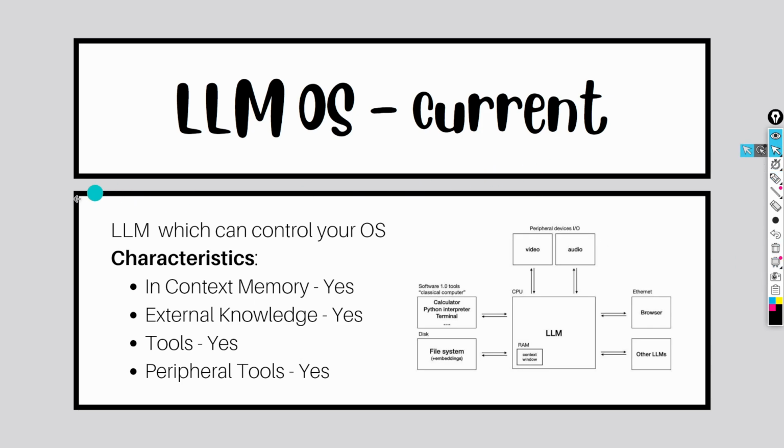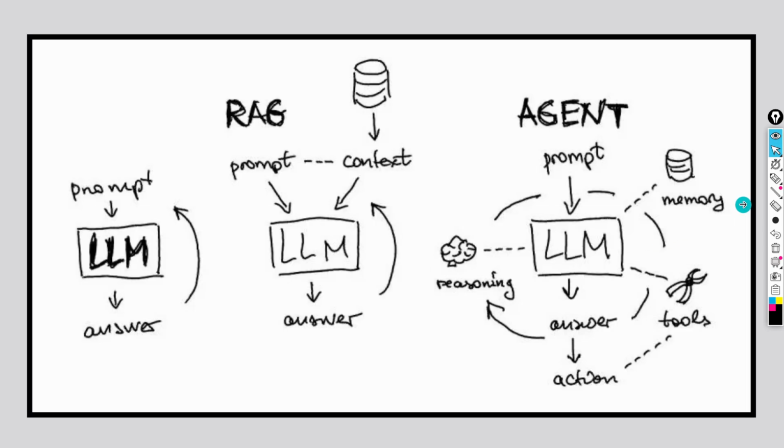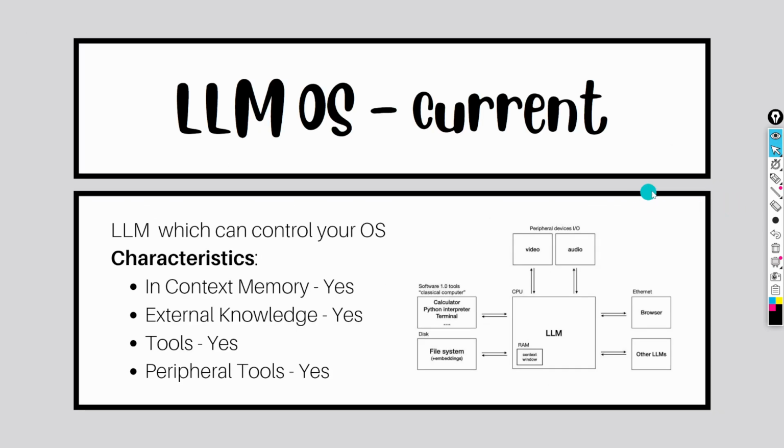So the only difference between an agent and LLM OS is that an agent is a general backbone kind of architecture which can be used for any task, and LLM OS is an architecture used to automate your whole computer. For this it requires all of these things. There is no option of picking and choosing. You will need in-context memory, external knowledge, tools, and also peripheral tools. It will require all of these.